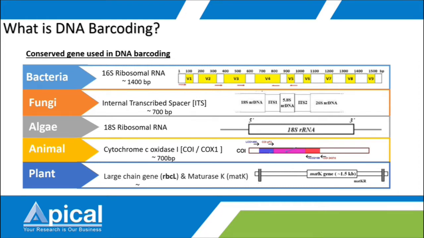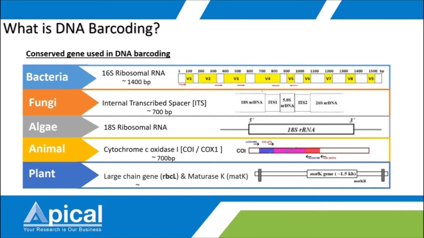For plants, there are actually two: either rbcL and the other one is matK. Some plants have only one of these genes, so if you are running plant DNA barcoding, do try both of them. It will be better for your study also.